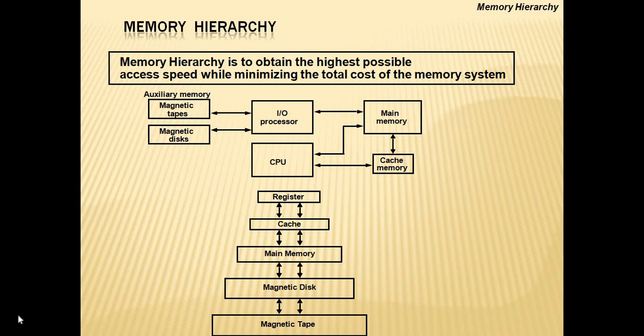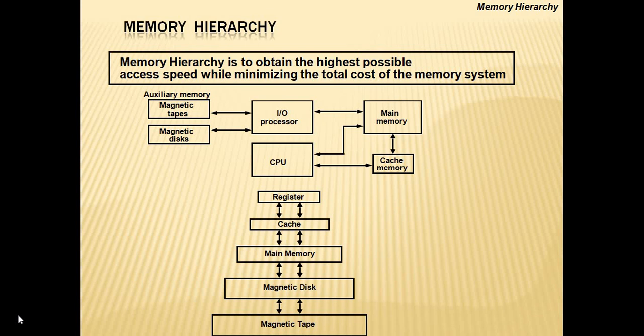At the bottom of the hierarchy, there are relatively slow magnetic tapes that are used to store removable files. Next are the magnetic disks that are used as backup storage.